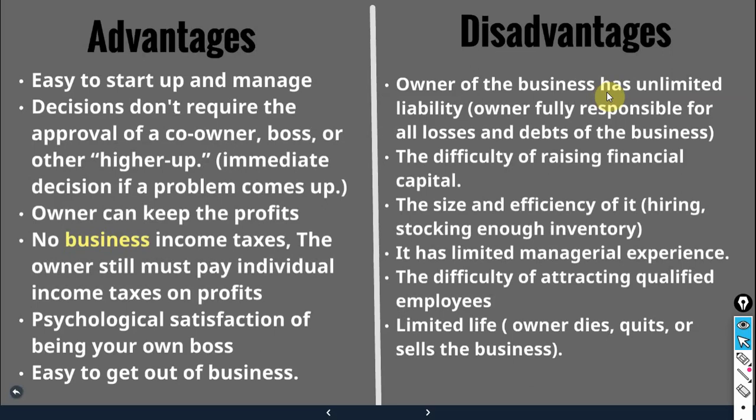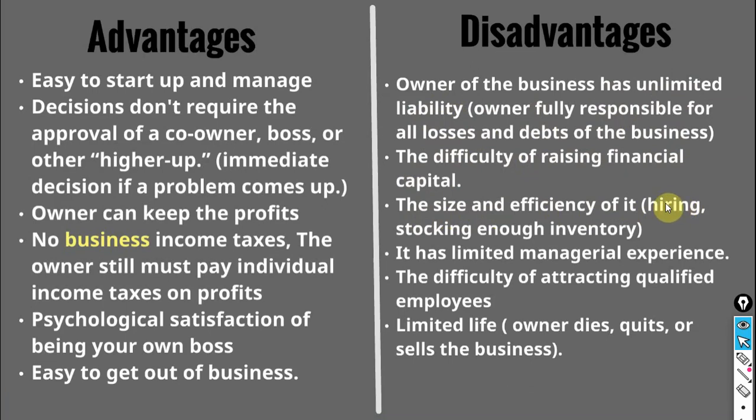The owner of the business has unlimited liability. Why? Because he's responsible for all the losses and debt of that business. There's the difficulty of raising financial capital, and the size and efficiency of it. When you're trying to hire, you always need to hire people for double shifts.